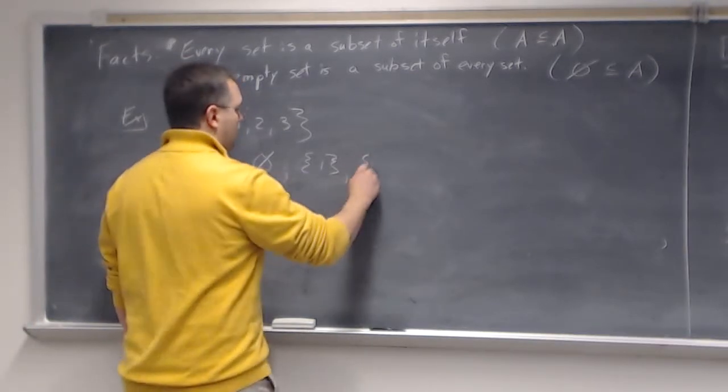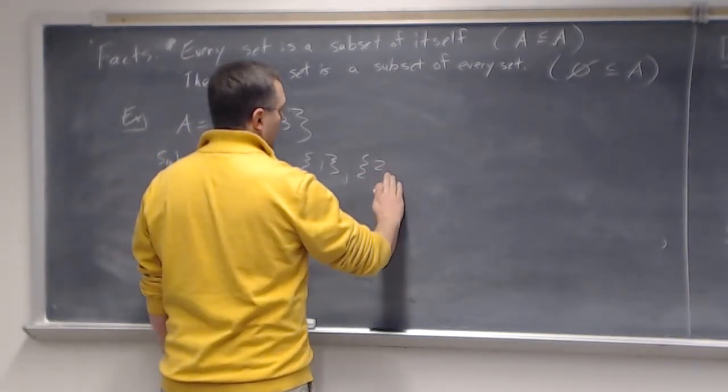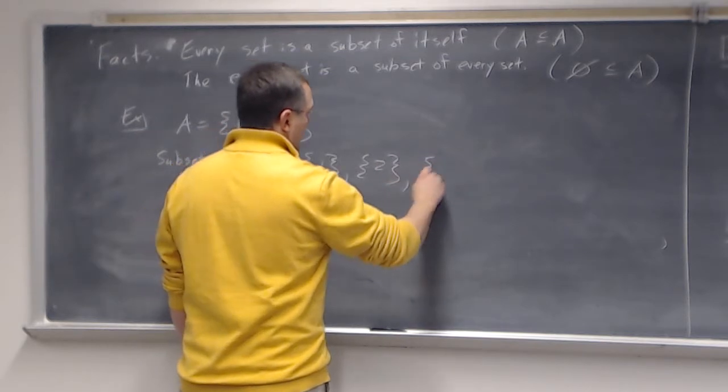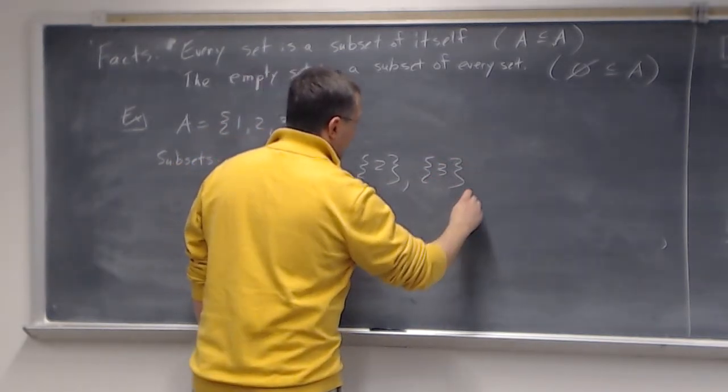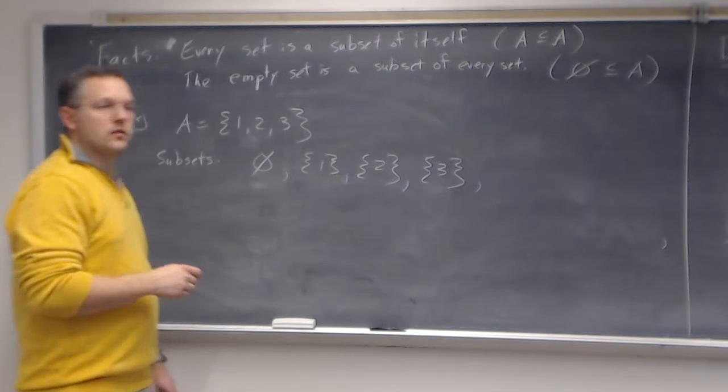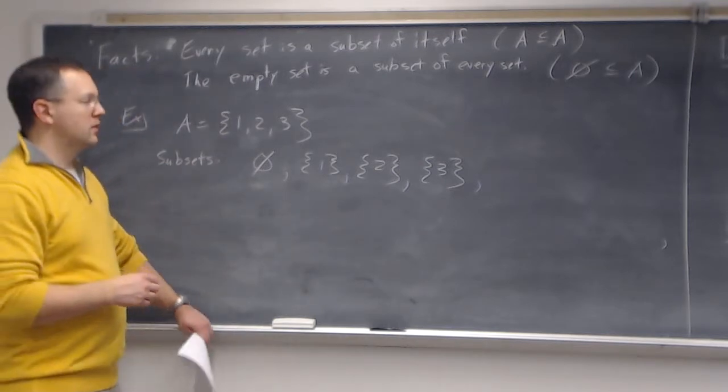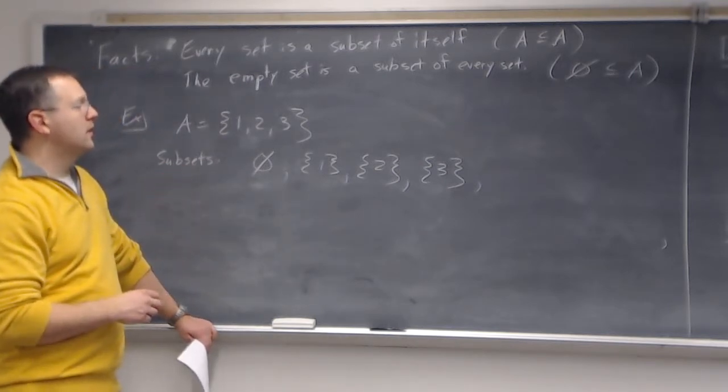The set containing just the number 2, a set containing just the number 3. You guys getting better at writing squiggly brackets? The 3s will start looking like squiggly brackets pretty soon.